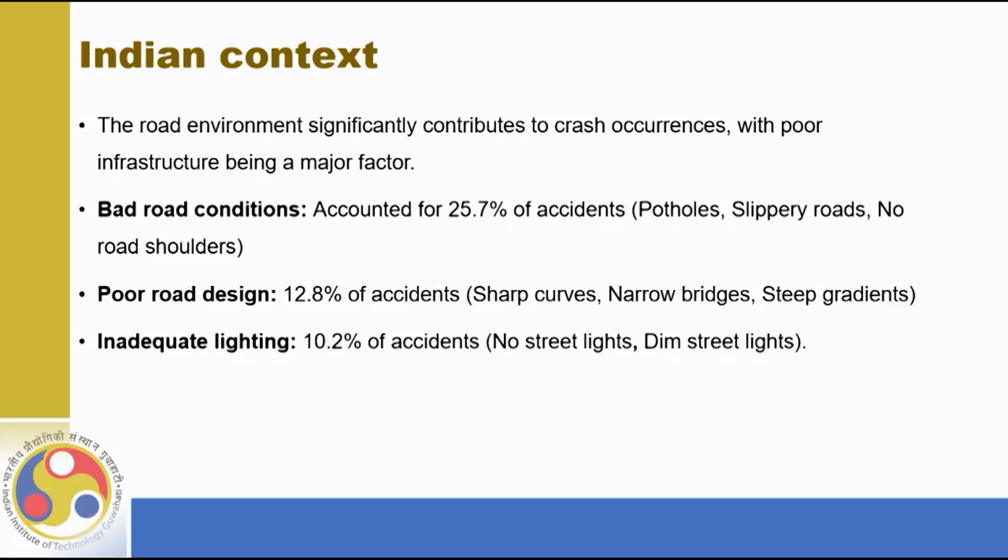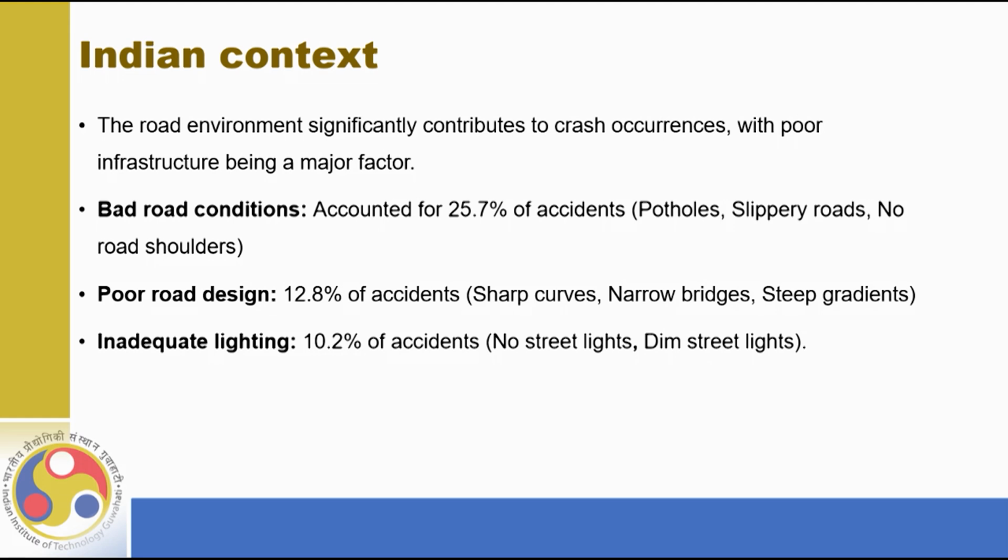Then if we look into the road environment characteristics, the data showed that bad roads accounted for a significant portion of the accidents. So, what does bad road condition suggest?